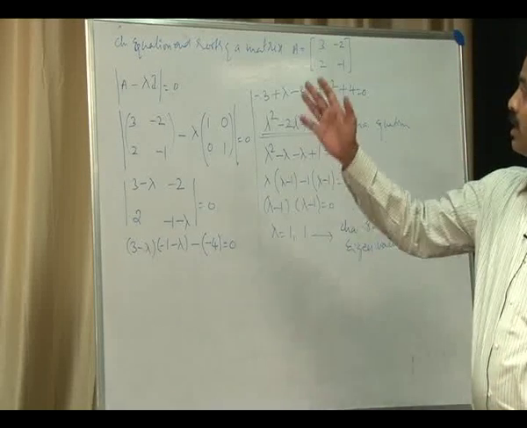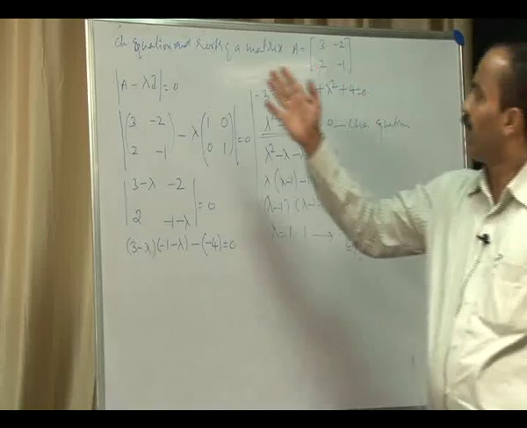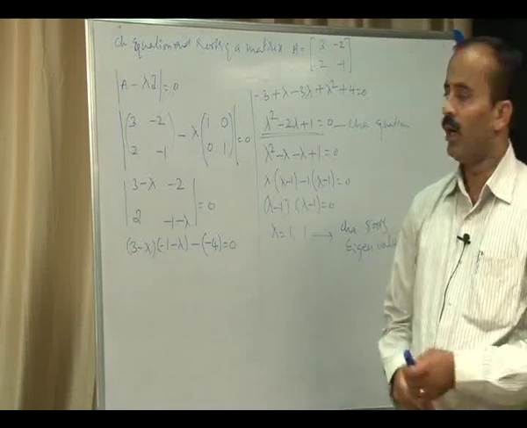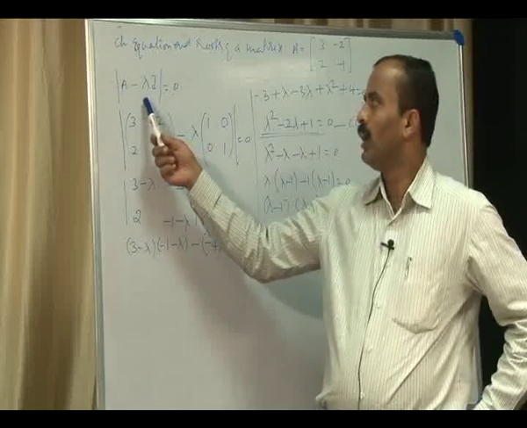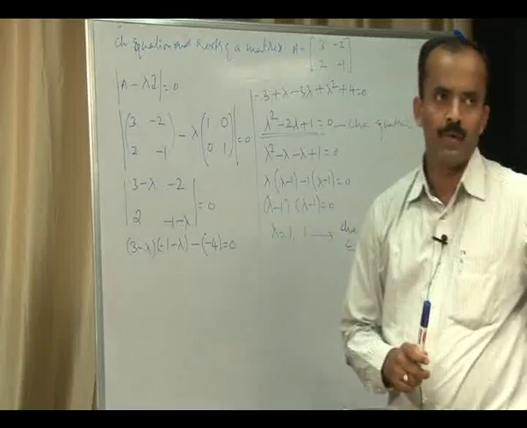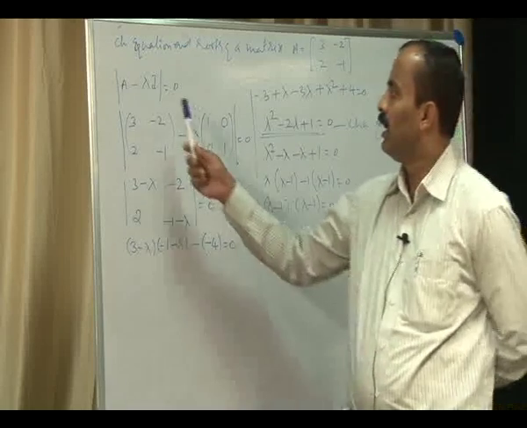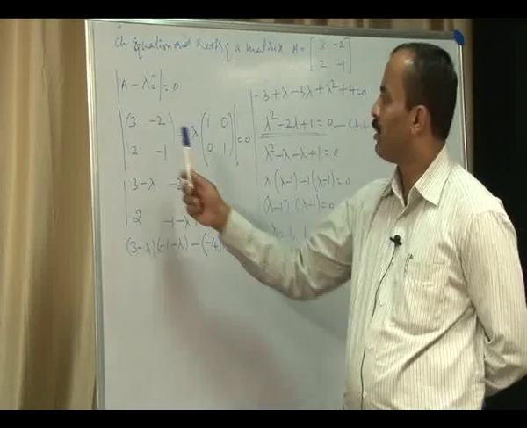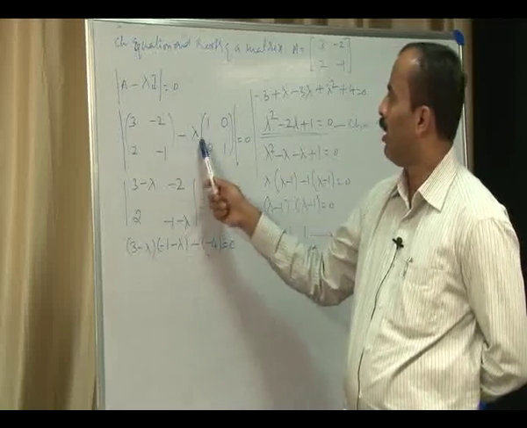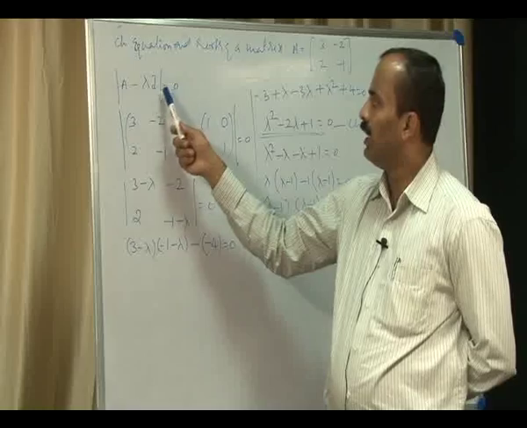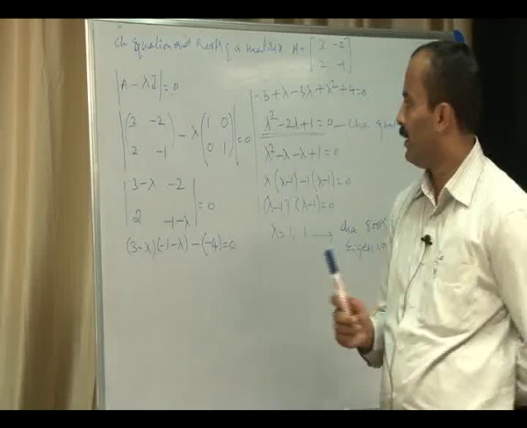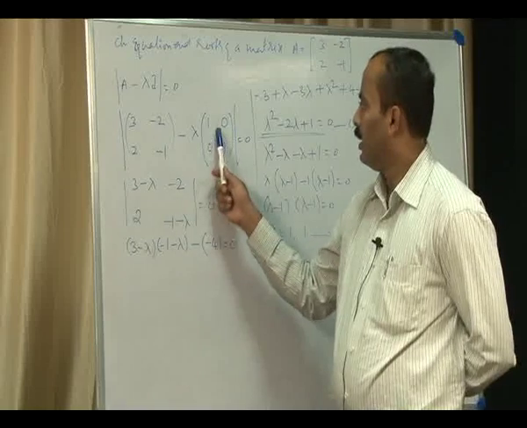Find the characteristic equation and roots of the matrix. What is the characteristic equation? Determinant of A minus lambda I is equal to 0. You substitute the value of A given in the problem, minus lambda into the identity matrix, of the same order as A, that is [1, 0; 0, 1].